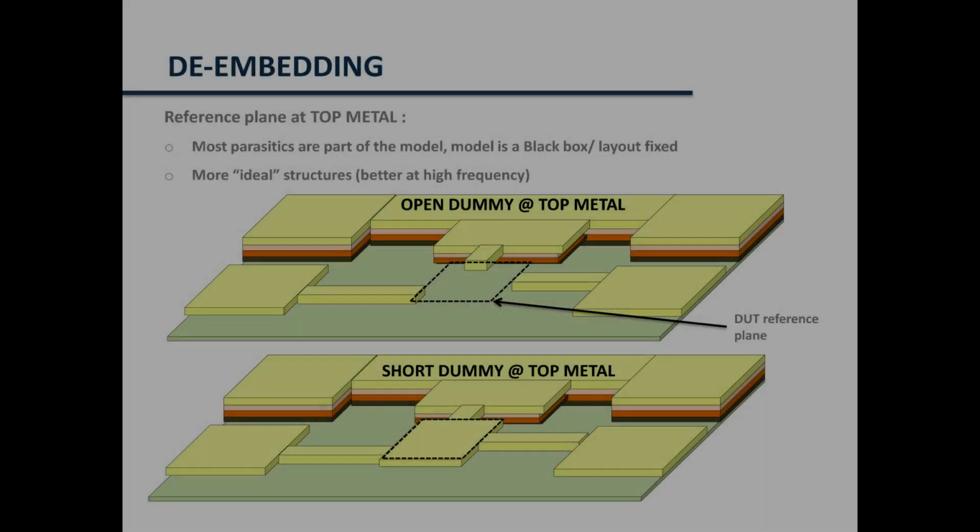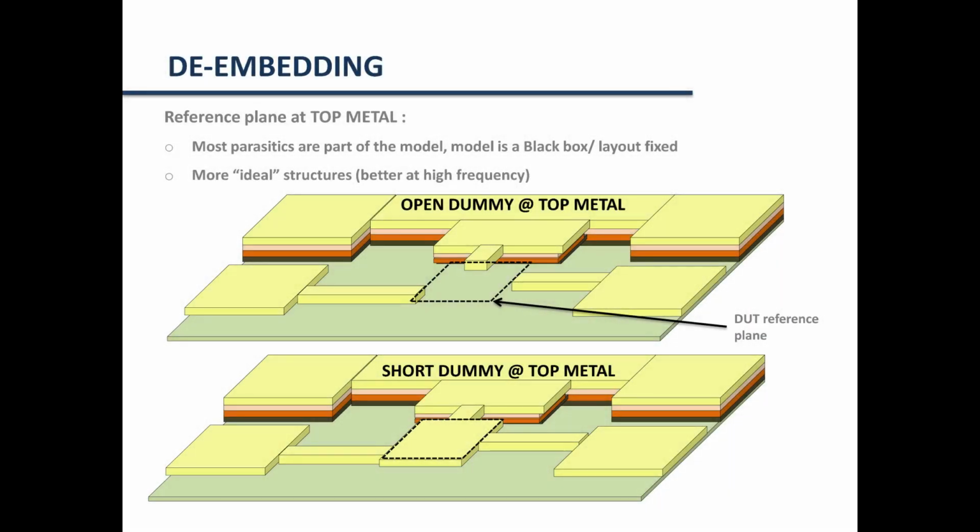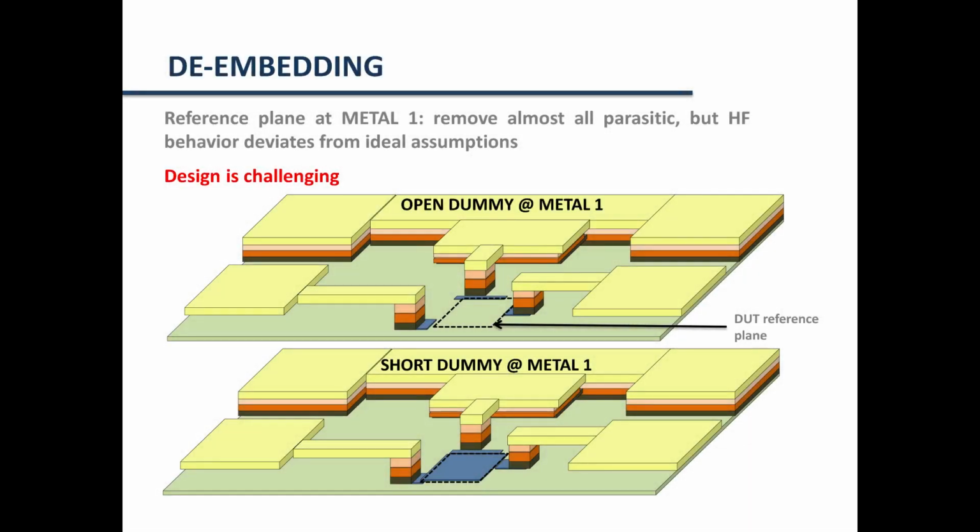You have here the examples of an open dummy and a short dummy designed at the top metal level. This means that the DUT reference plane is now defined at the top metal. On the opposite, you can also design your open and short down to metal 1. This will mean that the DUT reference plane will now be located at metal 1.